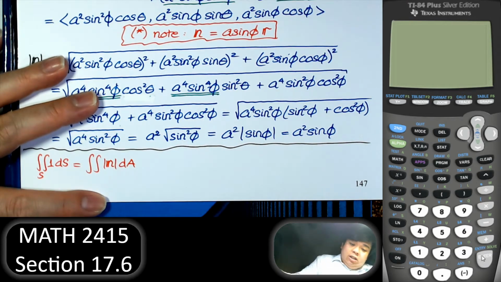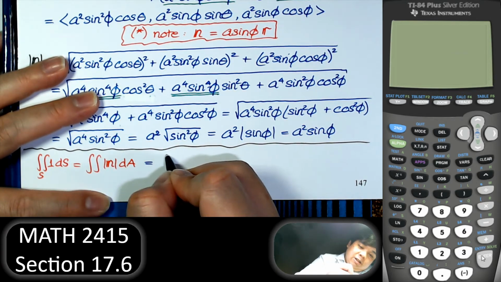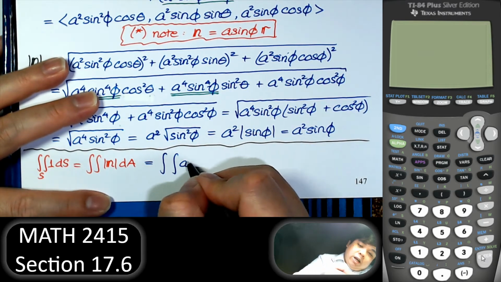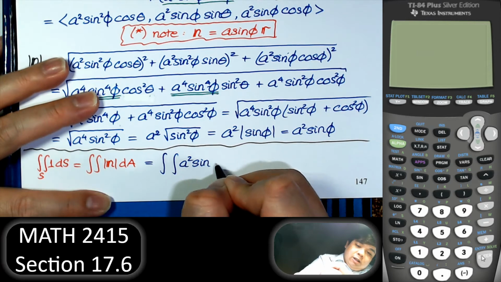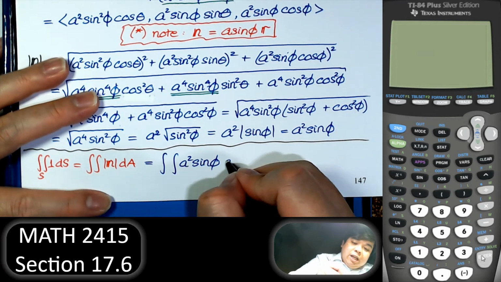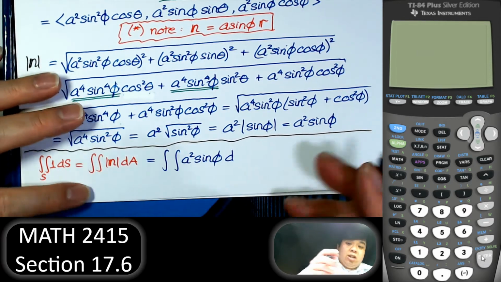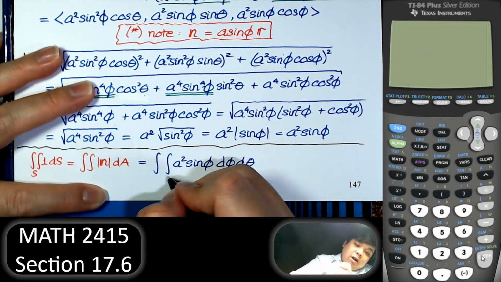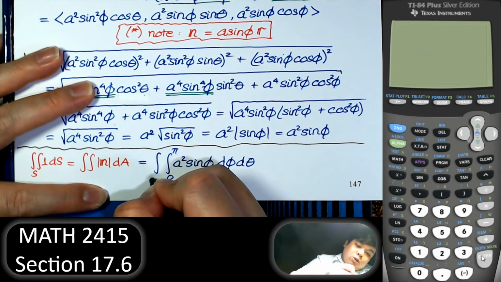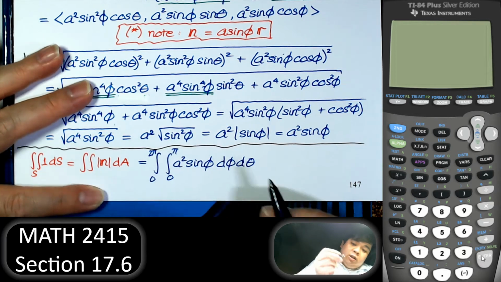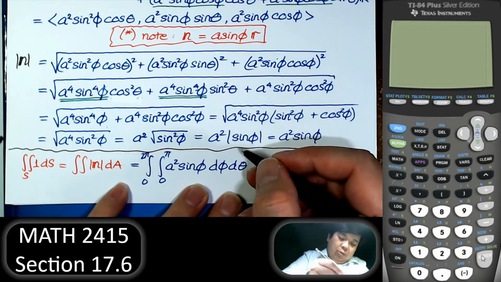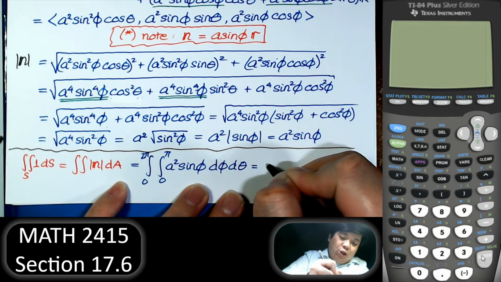In particular, we have a square sine phi dA. In this case, the two parameters are d phi and d theta. Phi is 0 to pi, and theta is 0 to 2 pi. Of course, you know for sure right now I'm going to use Fubini's theorem, right?